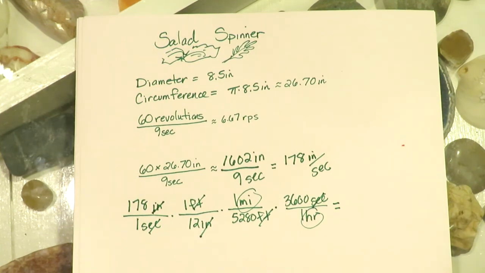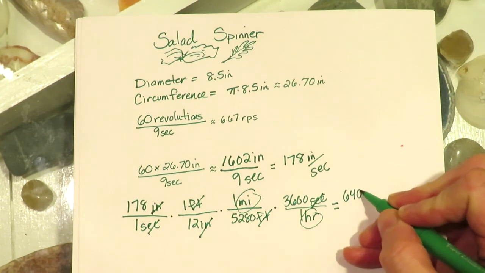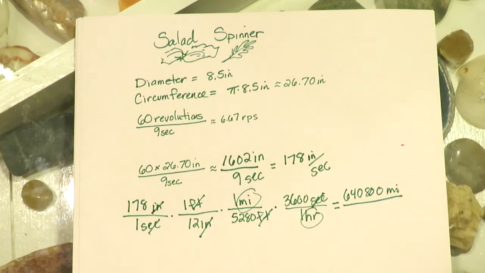So if we multiply together 178 times 1 times 1 times 3,600, we get 640,800, and that is miles, but that's not how many miles per hour.